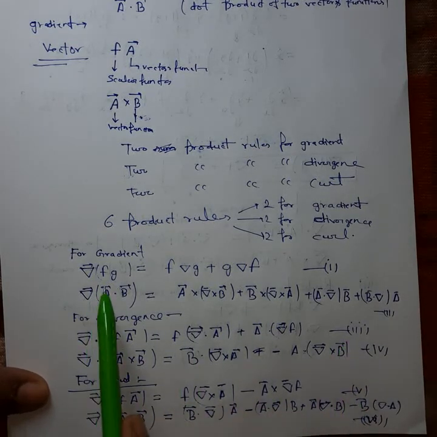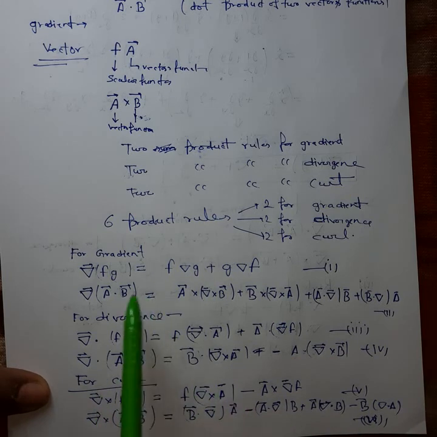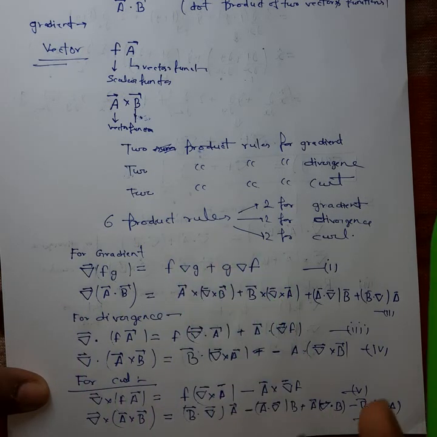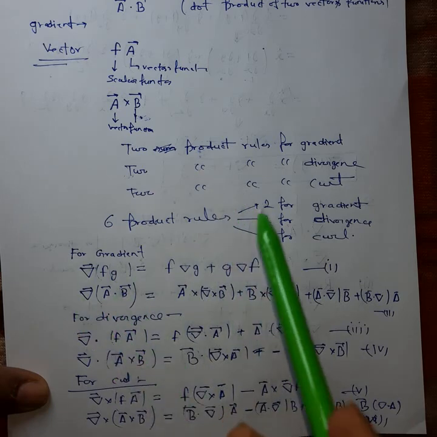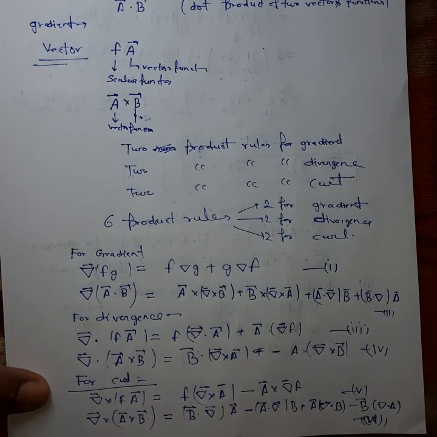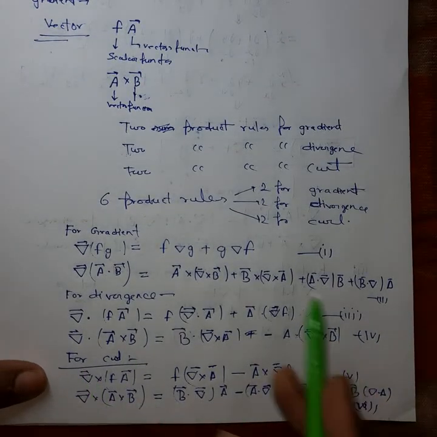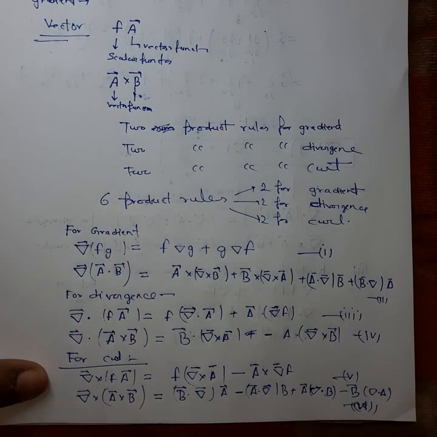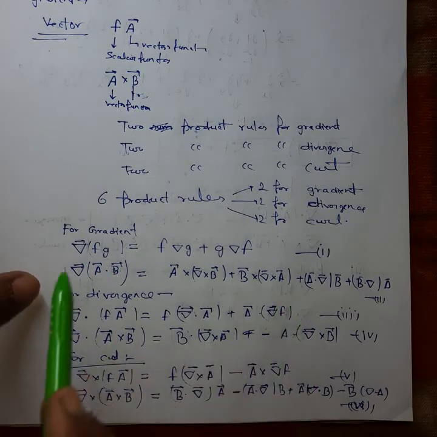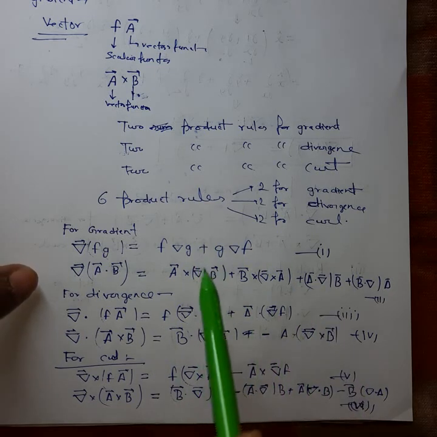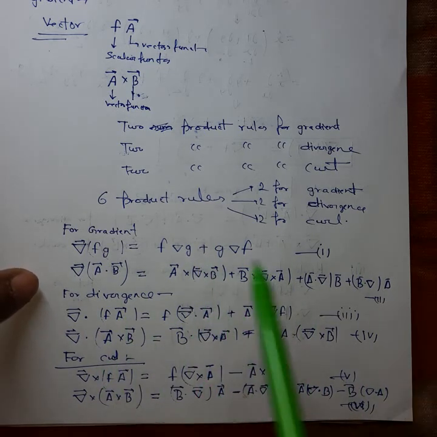So you see that there are 2 product rules for gradient, 2 product rules for divergence, and 2 product rules for curl. You can prove these relations with the help of the product rules of ordinary derivatives. I am not doing it here because you shall also do all these things in mathematics, and you have to just remember these relations whenever you use them in electromagnetic theory.